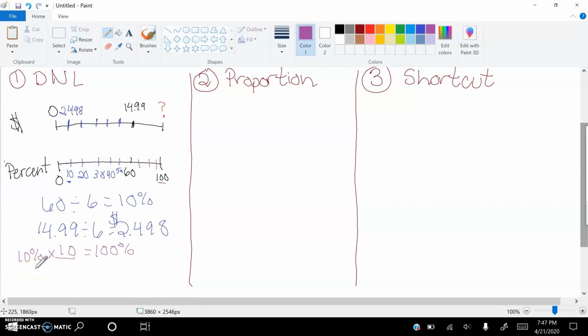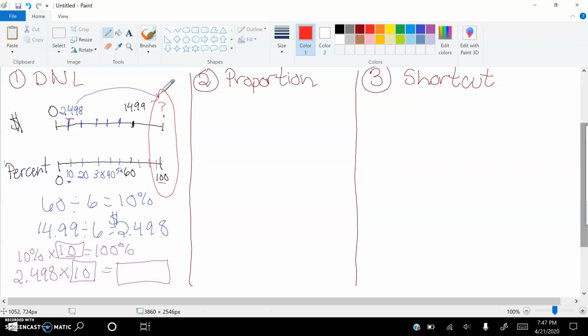To figure out the cost, we can do that same idea. $2.498 is 10%, so if we multiply that by the same thing, by that 10, that's going to give us 100% of the cost, or the original price right here.